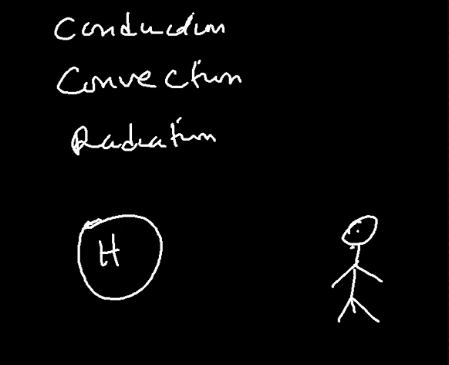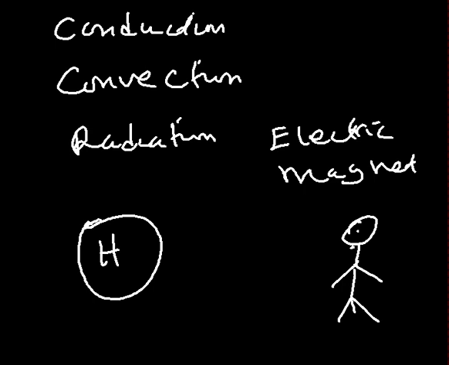So how do you think the heat has been transferred from this object to this person? The heat has been transferred in the form of electromagnetic waves. Those are waves with two components: an electric component and also a magnetic component. We call them electromagnetic waves. So the heat is transferred in the form of waves.